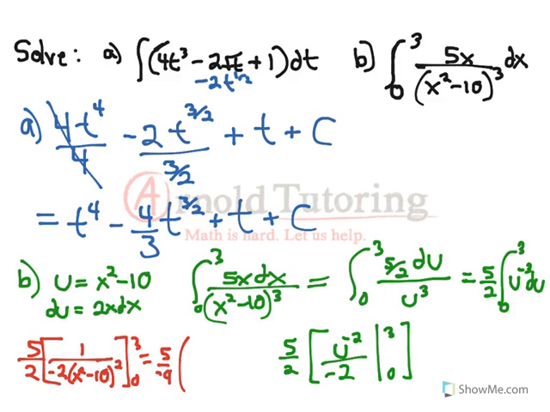I'm just taking all the constants out to the front. You plug in the 3 first, and you get 9 minus 10, which is negative 1 squared, so it's 1, minus, plug in 0, and it's 1 over 100. And that is your answer. So it equals 5 over negative 4 times 1 minus 1 over 100 is 99 over 100.